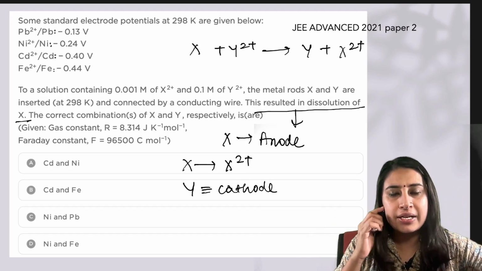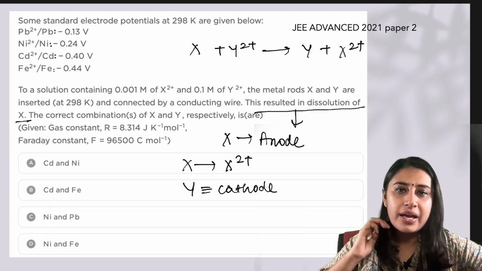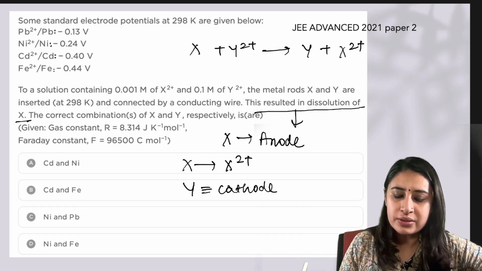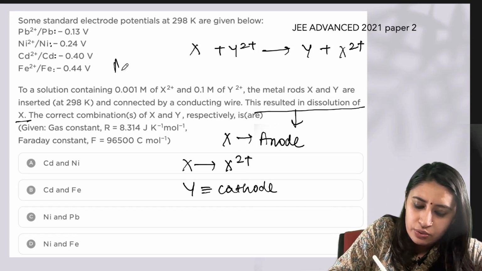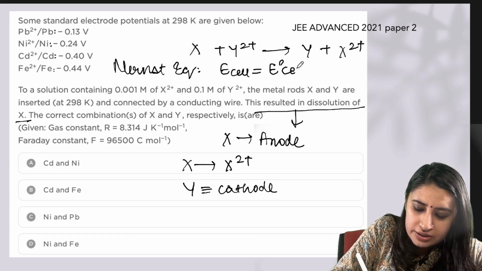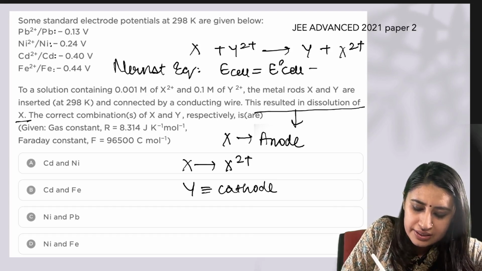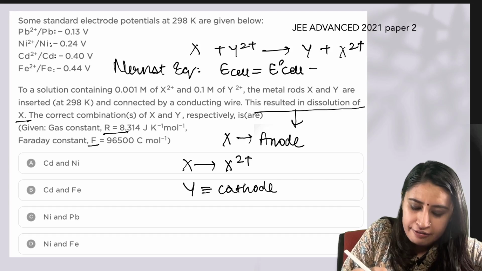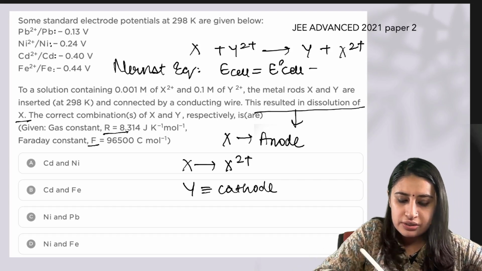So on the right hand side you have x2+, and on the left hand side the ion present is y2+. So let's make use of the Nernst equation. E cell will be equal to E naught cell minus RT by F. The temperature conditions are given to you.